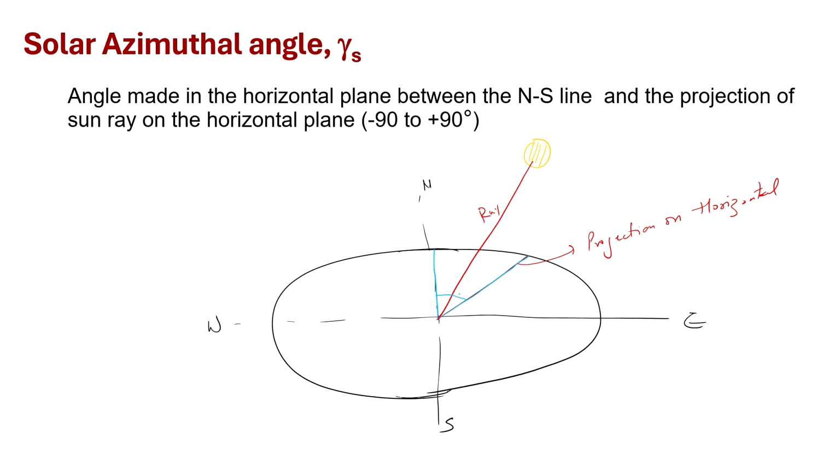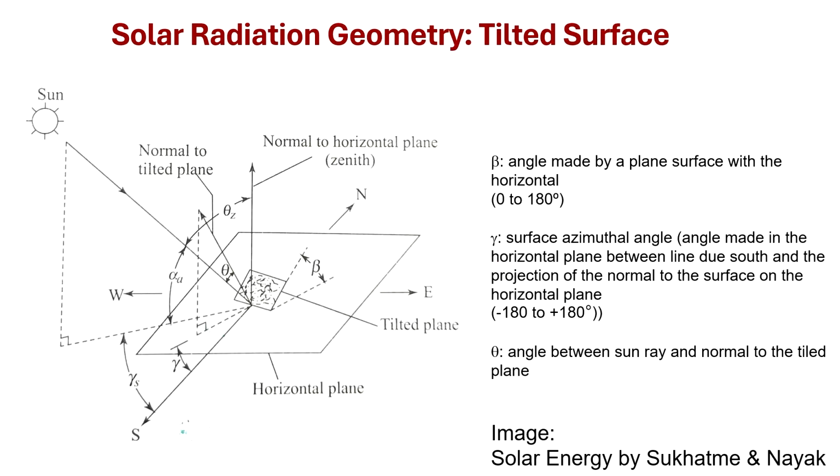Okay. So, this angle is called gamma s. Okay. So, it goes from plus 90 to minus 90 depending upon which side you are on, whether you are in the east or whether you are in the west. Okay. Putting it all together, this is how it looks like.